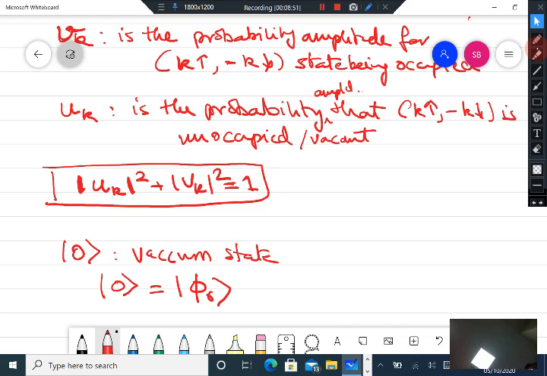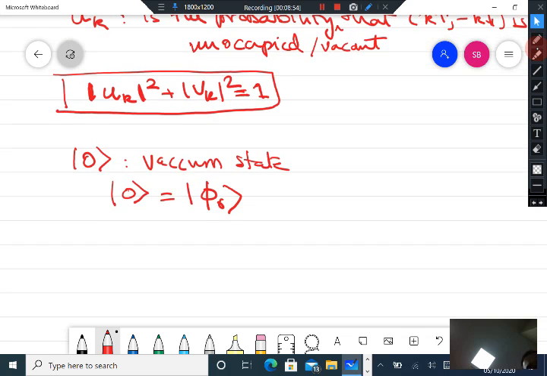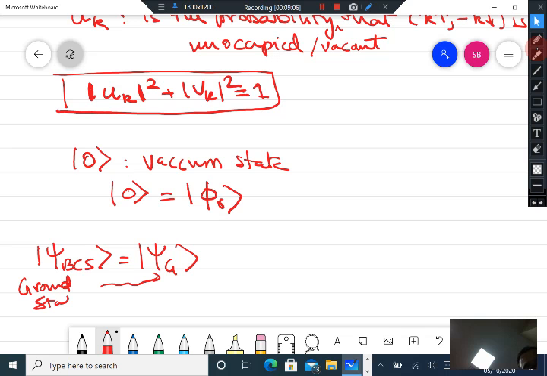In some cases you can also write it as phi naught. So the psi BCS, in some books, can be written as psi g to represent the ground state. In either case these are just terminologies.